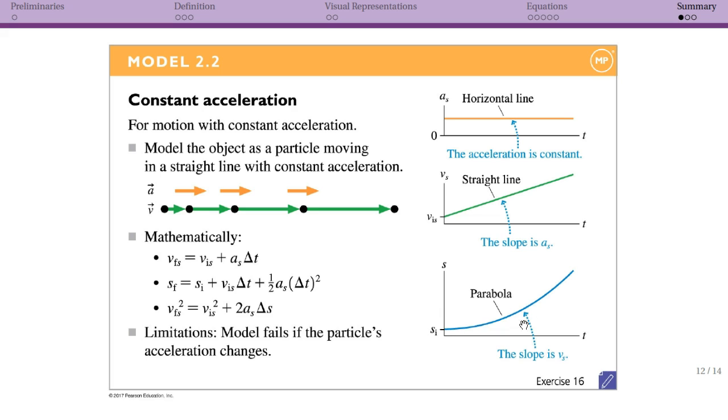And the slope of this parabola is going to be giving you the speed at any one point. So this is when we talked about instantaneous velocity, since each of these times has a different velocity, and the slope here would give you the velocity at that time.